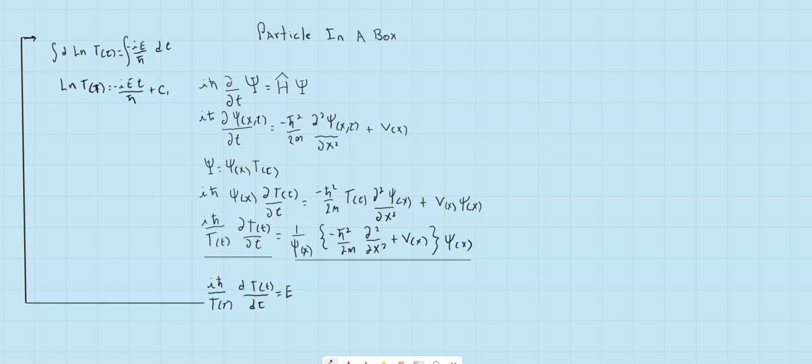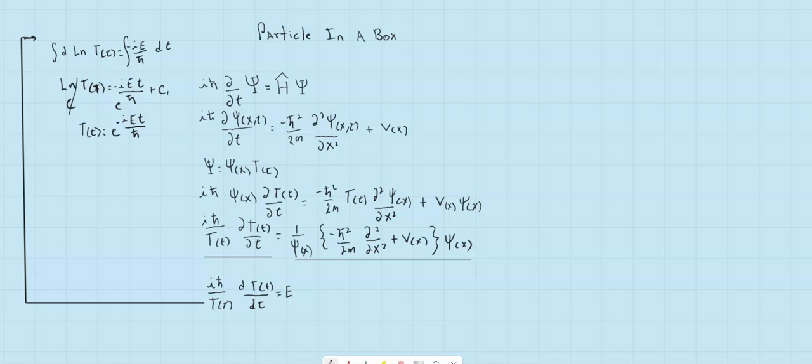And now I can use my base e over here and eliminate the log, and I know that my capital T of t, as a function of time, is equal to e to the negative iEt over ħ.